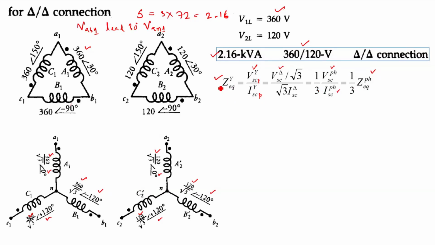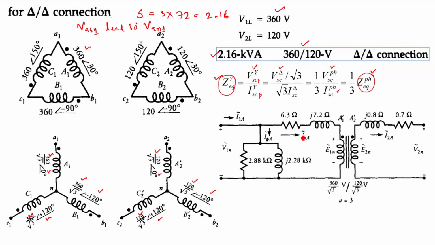So that means whatever your Z equivalent in the Y connection, in case of delta connection it will become 1 by 3 times Z equivalent. That means all the parameters that we are considering in case of star connection will now become one third of the phase quantity of the Z equivalent, right? So now if we represent the equivalent circuit, because both sides are delta, your parameters will be divided by 3. Okay. So your RH will be divided by 3.